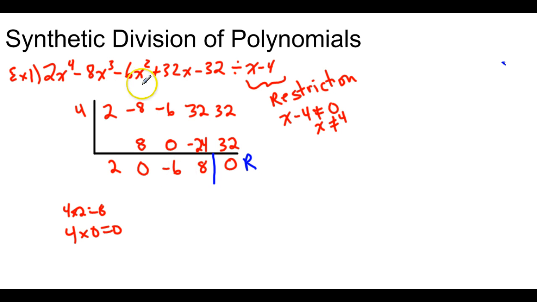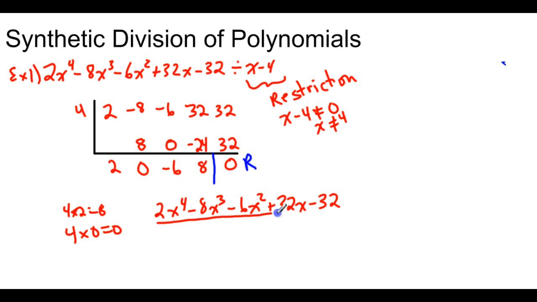So if we rewrite this then, and actually I should go back to writing in red here. So 2x to the 4th minus 8x cubed, and of course this is the same thing as what I had above there.